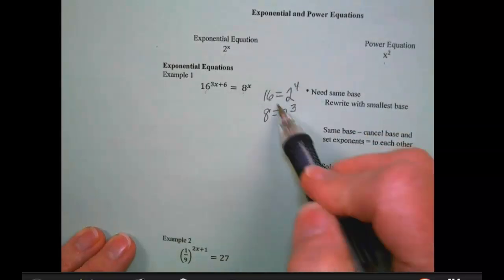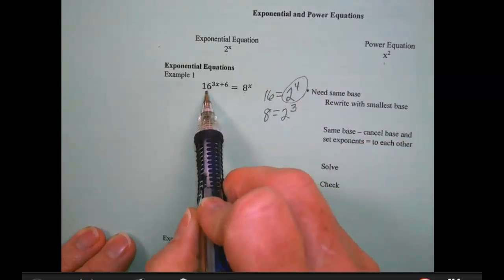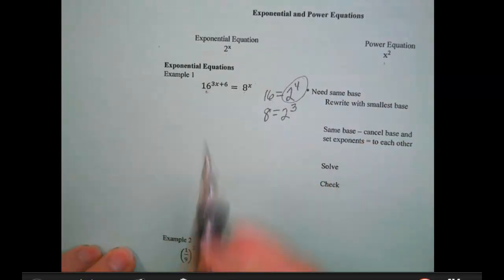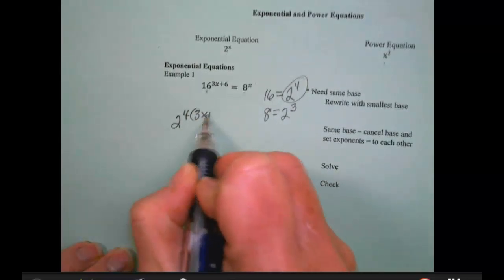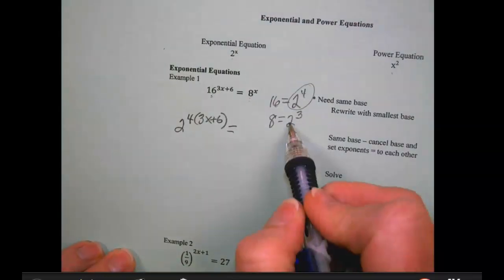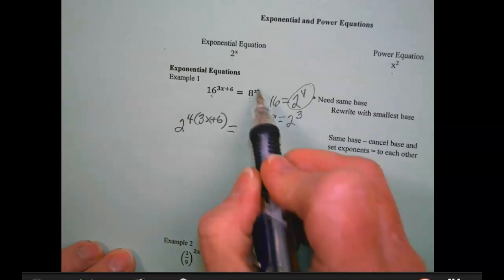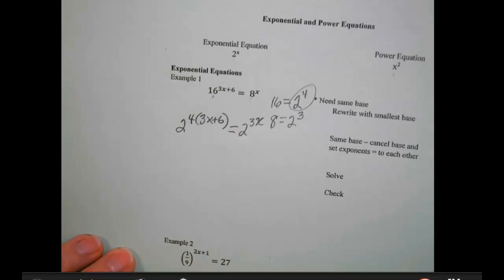I'm going to take the 2 to the 4th right here, and I'm just going to substitute it for the 16. So I get 2 to the 4th, and then I have 3x plus 6. And then I'm going to do the same thing for the 8. I'm going to put the 2 to the 3rd, and there's just an x there.